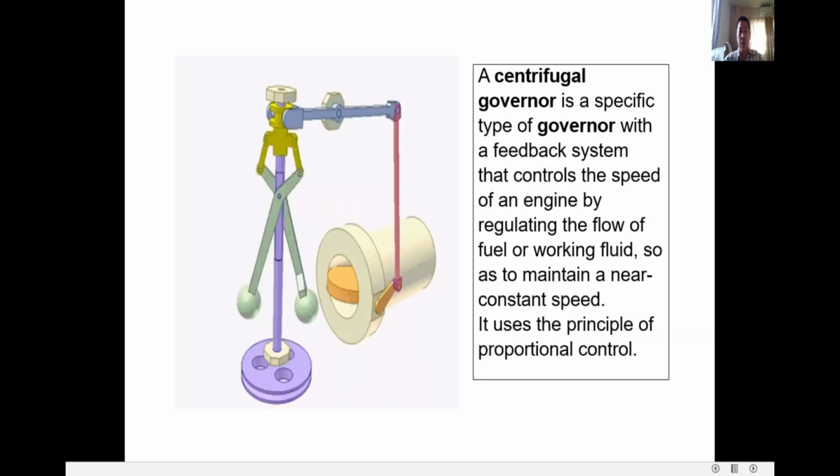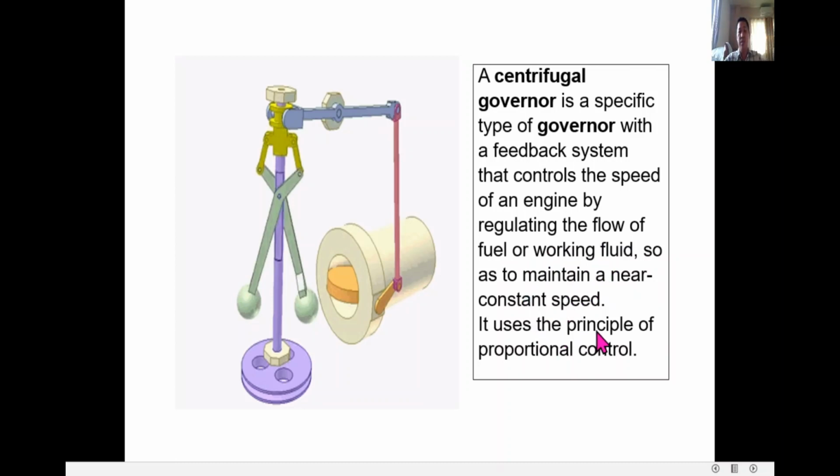Now we have here the centrifugal governor. It is a specific type of governor with a feedback system that controls the speed of an engine by regulating the flow of fuel or working fluid so as to maintain near constant speed.